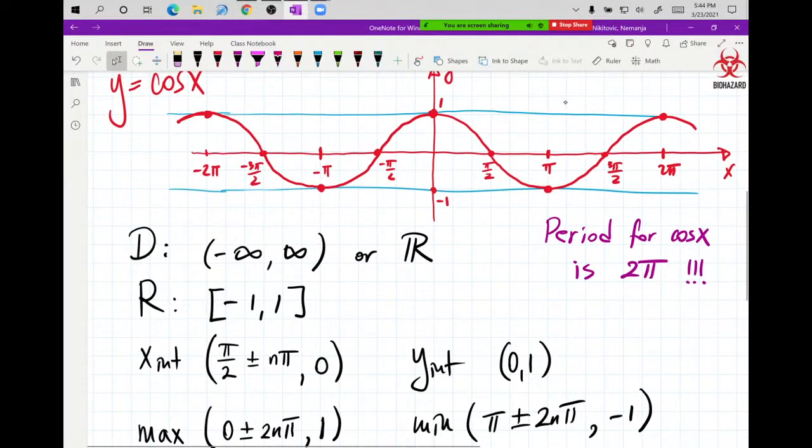And as you can see, it looks the same as sine, except it's moved, right? The sine starts here. So as you can see, this would be a sine value if the y-axis was on the left black line. Then there would just be a sine.